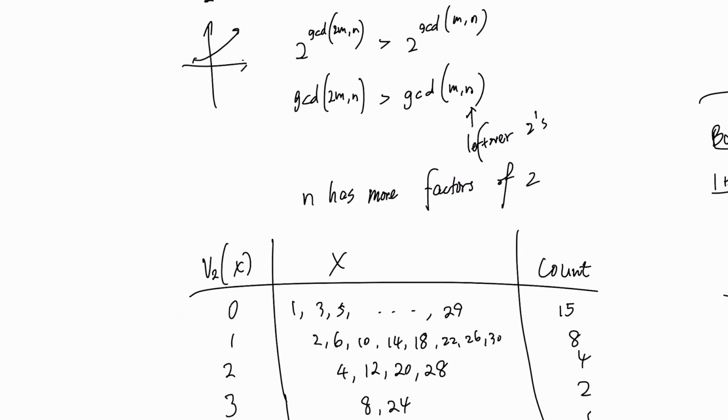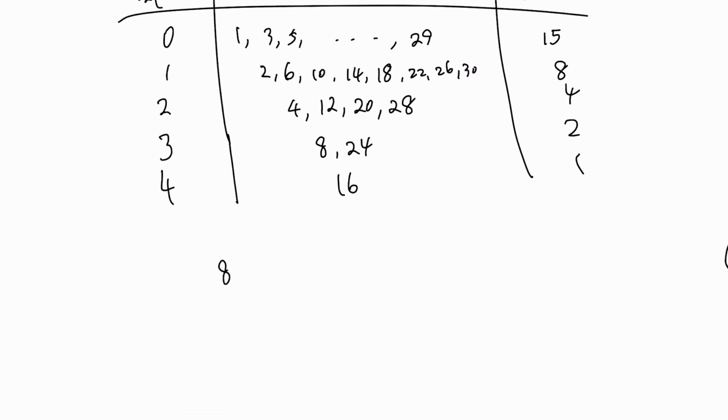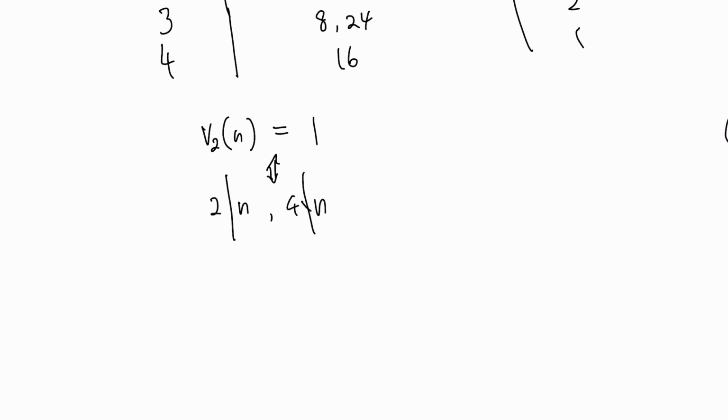We have to have n has more factors of 2, which means that if, let's say, n has just 1, let's say, because just 2 is divisible by n and 4 is not divisible by n, that means that m must have 0.